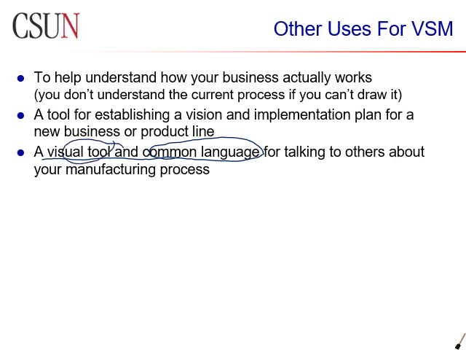So instead of having different languages, different names, different words, we have a common language and common tool for talking to others about your manufacturing process, especially inside the same company. Instead of having different names because we're different plants, we have just one name, one value stream map. So we understand what's going on everywhere. When we say we're doing procurement at a certain step, we know what's meant by this.